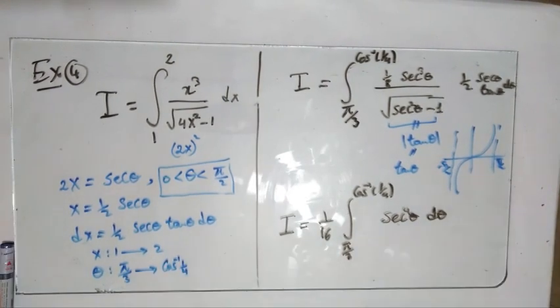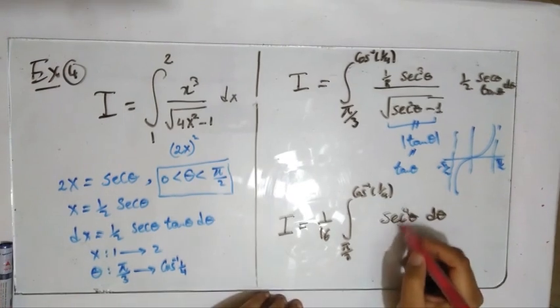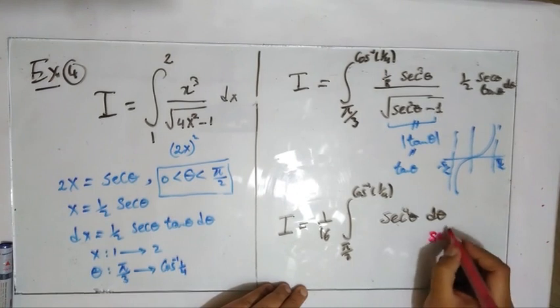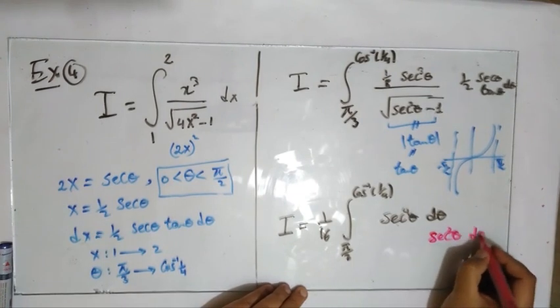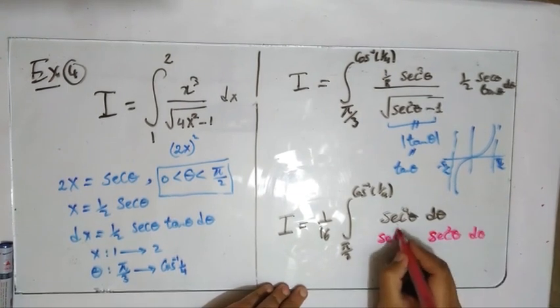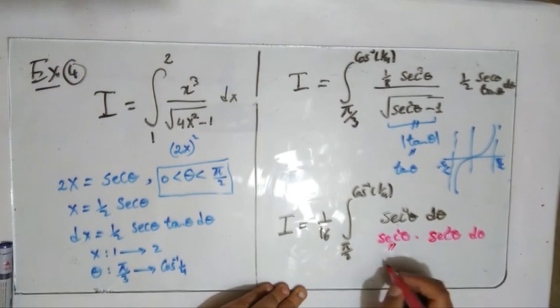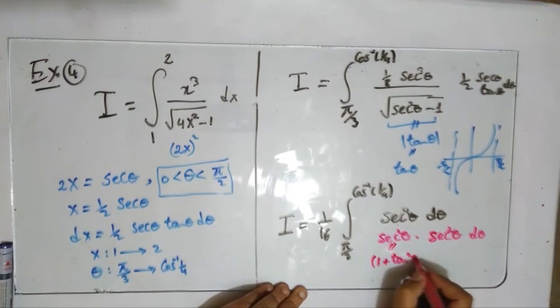As we saw in the last section, if the power of the secant is even, it's recommended to separate a sec squared factor, and then you have to write everything else as a function in tan theta. So you will have 1 plus tan squared theta.